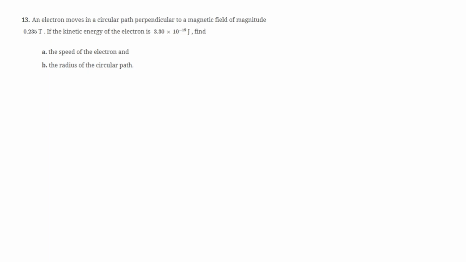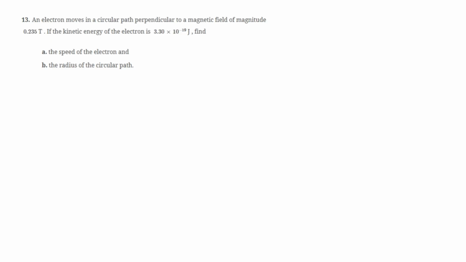If the kinetic energy of the electron is 3.30 times 10 to the negative 19 joules, find the speed of the electron and the radius of the circular path.